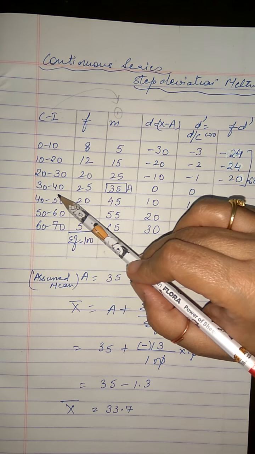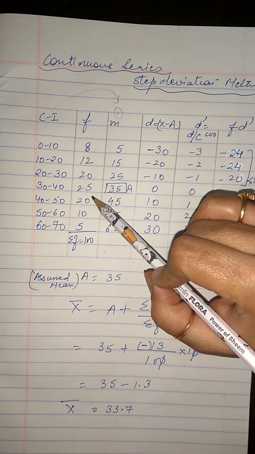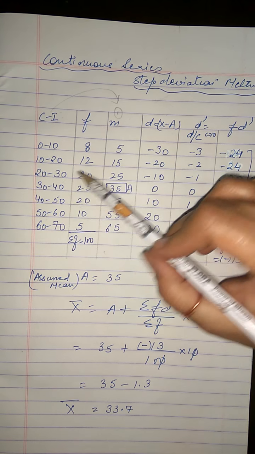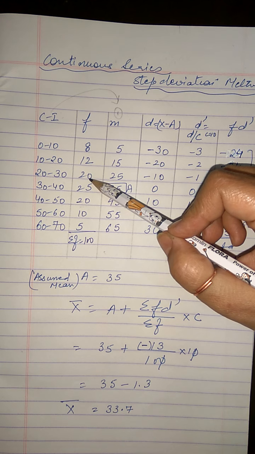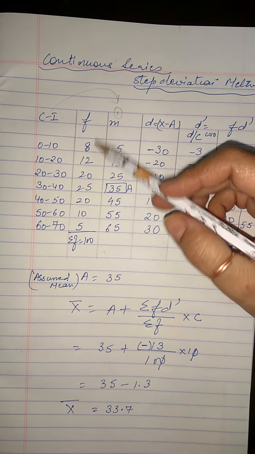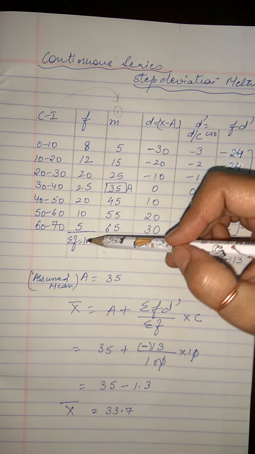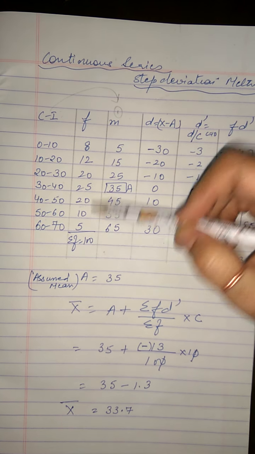Like among 30 to 40, how many items are lying? 25. 40 to 50 and 20 to 30, how many items are there? 20 each. So the summation frequency, the number of items in a data, is equal to 100.